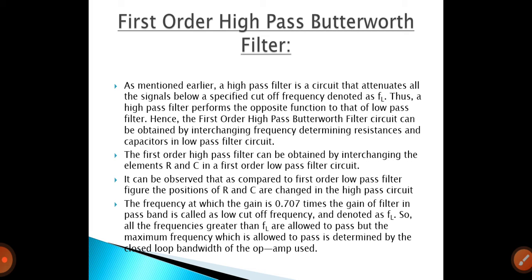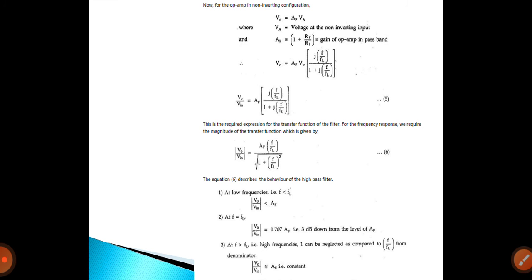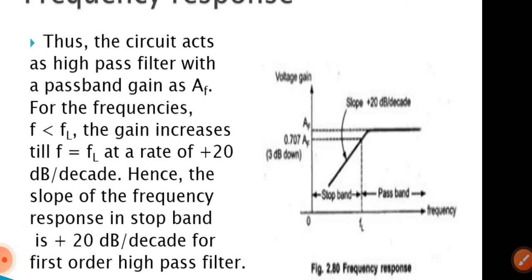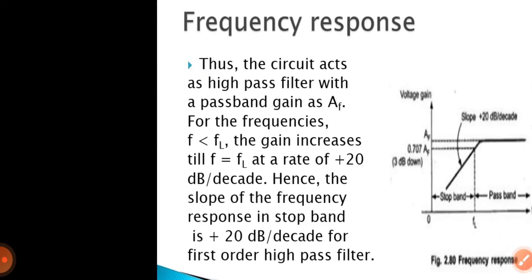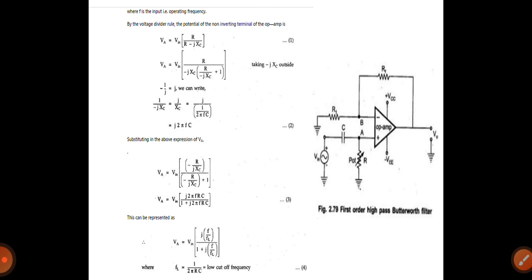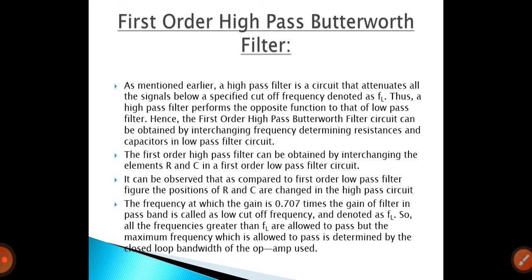As mentioned earlier, a high pass filter is a circuit that attenuates all the signals. You have studied high pass filters. This is the graph of the high pass filter. First order high pass Butterworth filter.